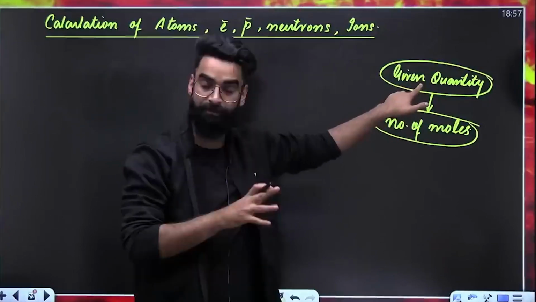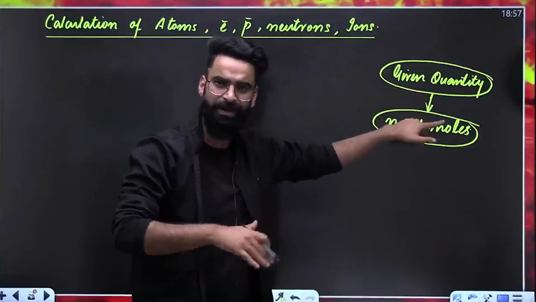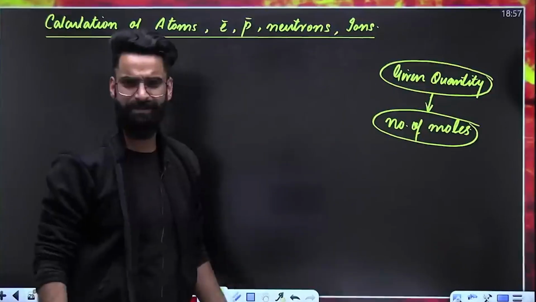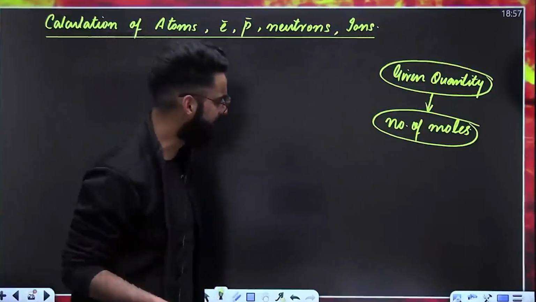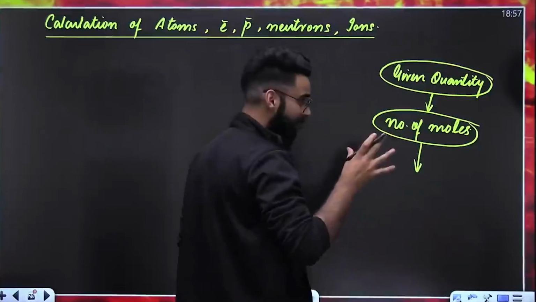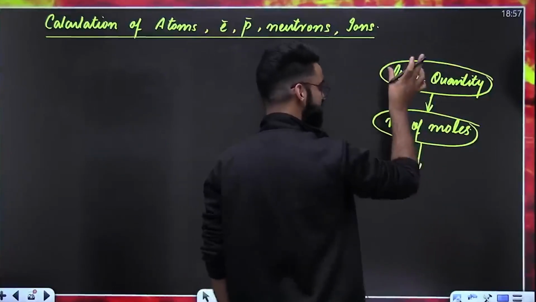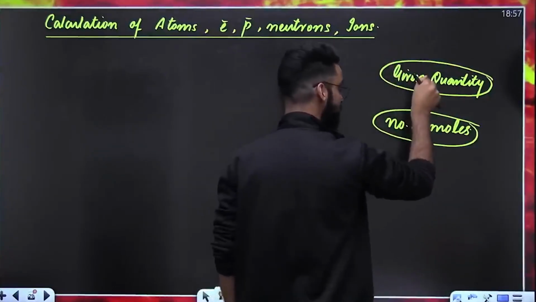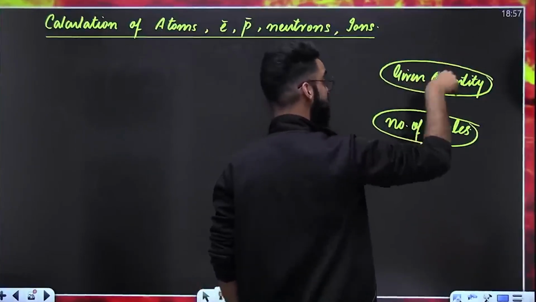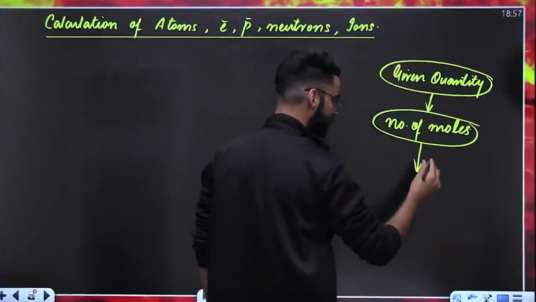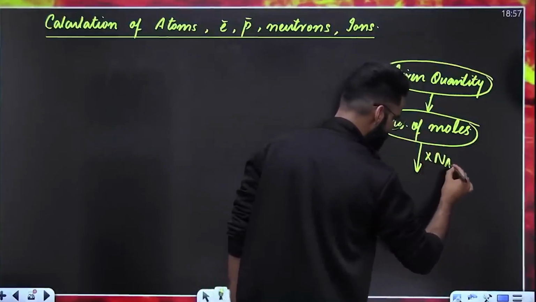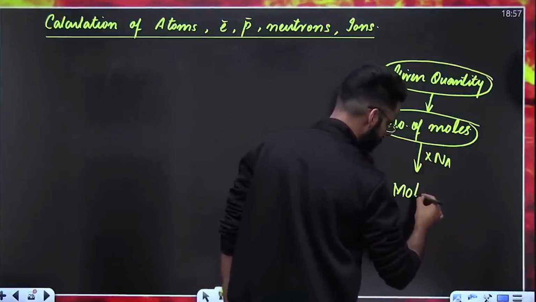Given quantity can be in terms of mass, it can be in terms of volume. And you know how to convert mass into moles, you know how to convert volume into moles, right? Everything is already clear. Once you get the moles, if the given substance whose quantity is given to us is in molecular form, then multiply the moles by Avogadro's number, and you will be getting the number of molecules.